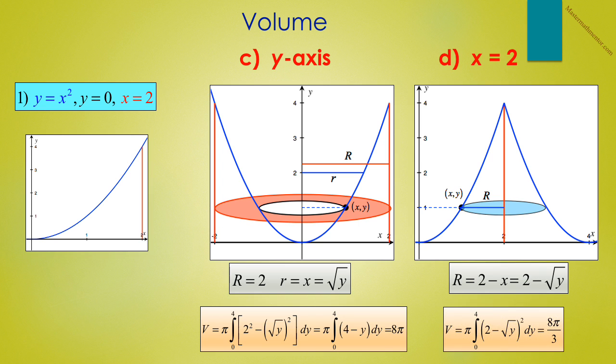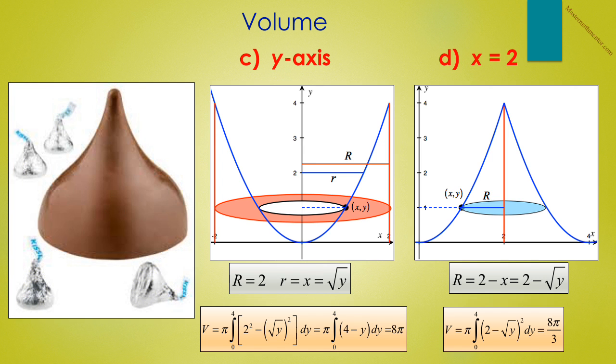Once you have all the pieces of the puzzle, the answer is easy. V is equal to pi integral from 0 to 4 of this quantity 2 minus the square root of y, quantity squared, dy, which is 8 pi over 3. When you are doing these problems, remember that you are creating a three-dimensional shape.